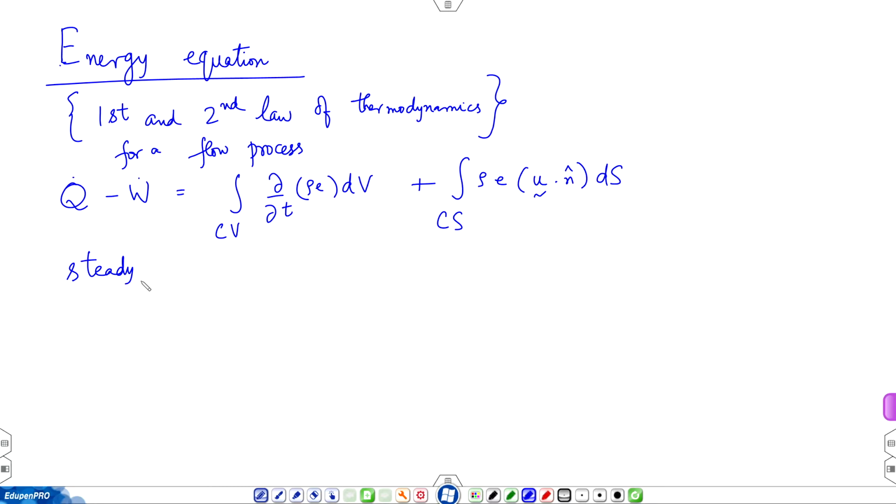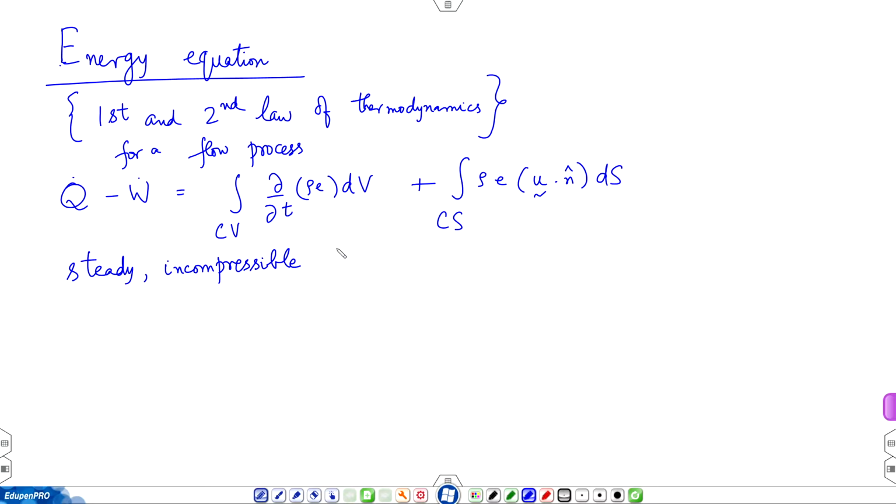But essentially, you have three equations: mass, momentum, energy. So, these are coupled, and then by substituting one in the other, we do decoupling of those equations. But in principle, you have a coupled system. So, the moment you say steady, the first integral on the right hand side is 0. And let us also stipulate the fluid medium to be incompressible.